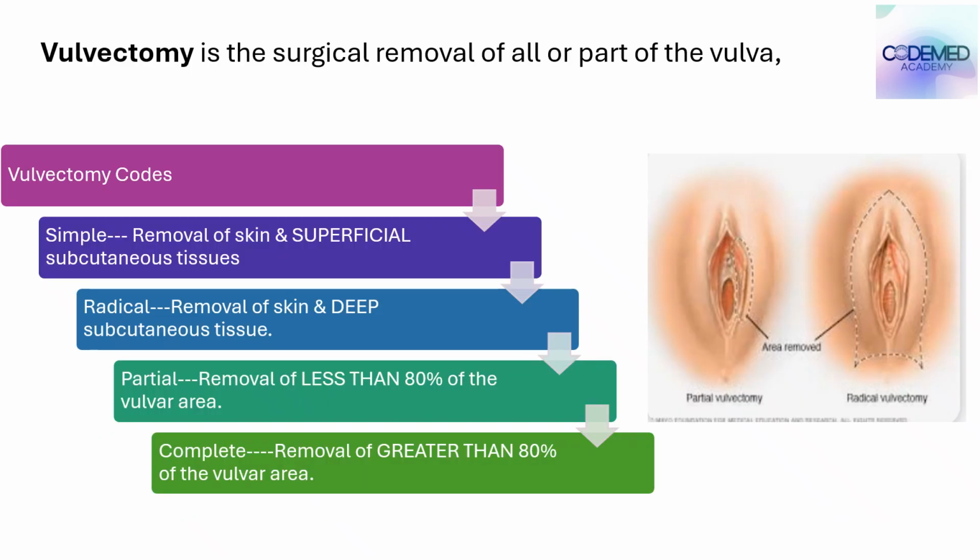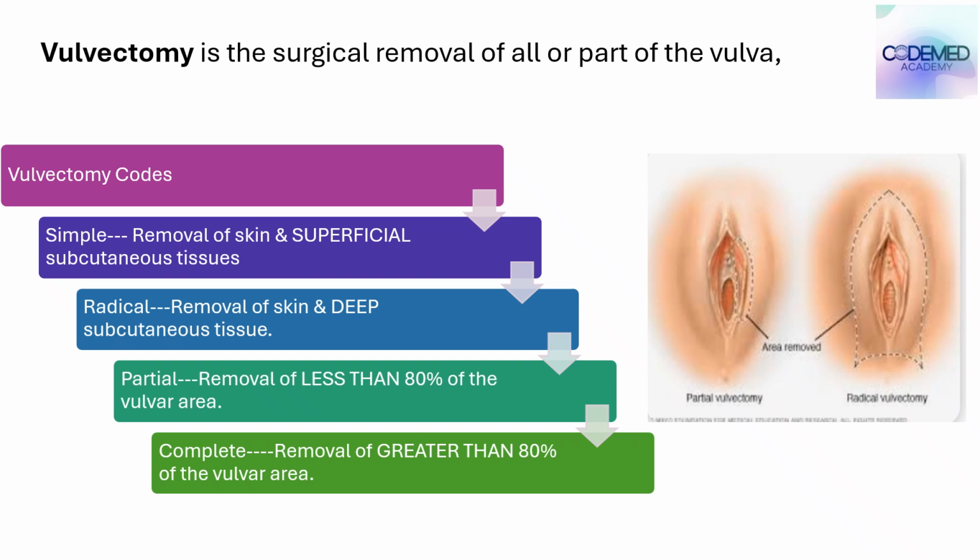So let us look at the vulvectomy. It is nothing but the surgical removal of the vulva. Now, if you see the vulvectomy codes, they use particular language, whether it is simple, radical, partial, or complete. Simple is nothing but removal of the skin and the superficial subcutaneous tissue, while radical is removal of the skin and the deep subcutaneous tissue.